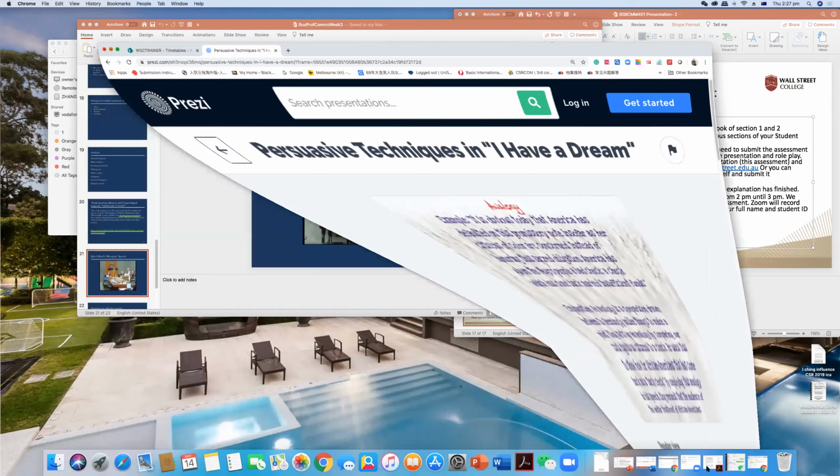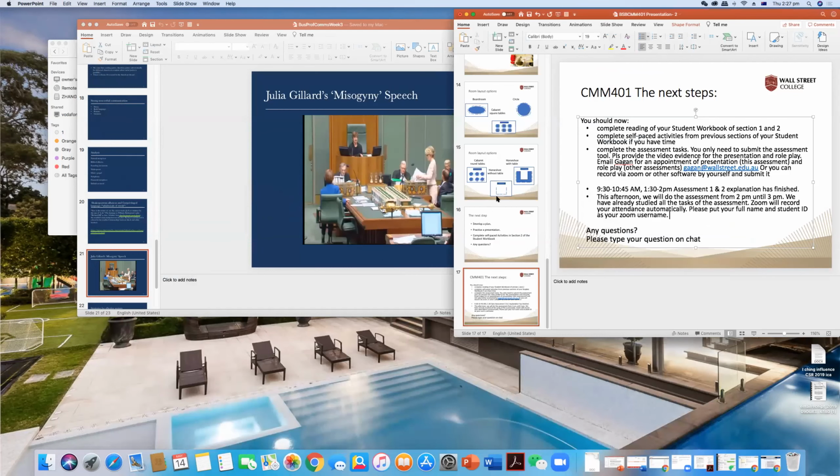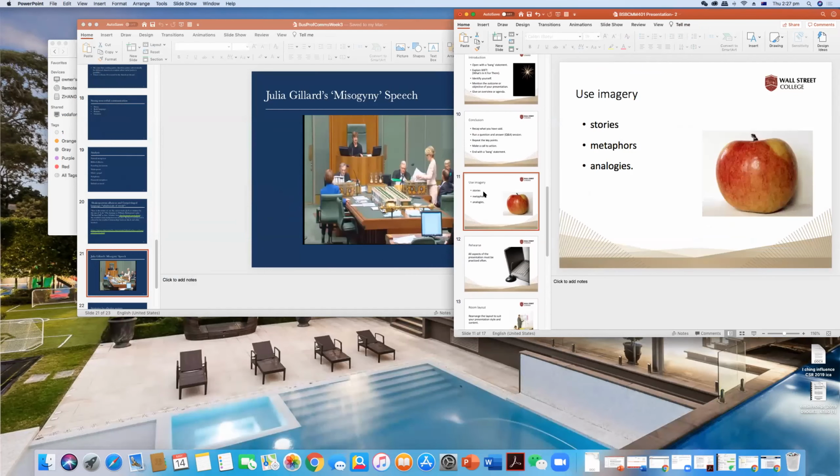And another part of the question is stories, metaphors. You can use story in your speech. I think this part is obvious, right? You can just talk about a story, like a girl's story, or in Martin Luther King's speech, maybe a certain case.